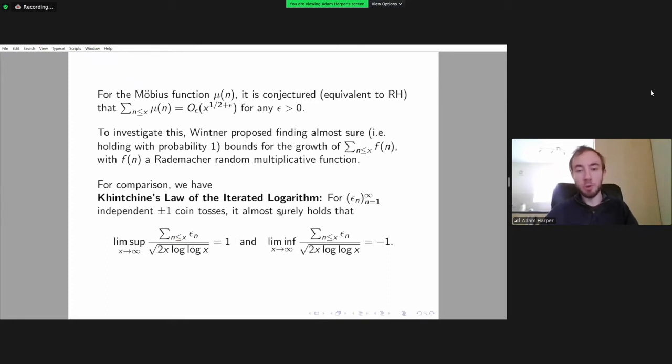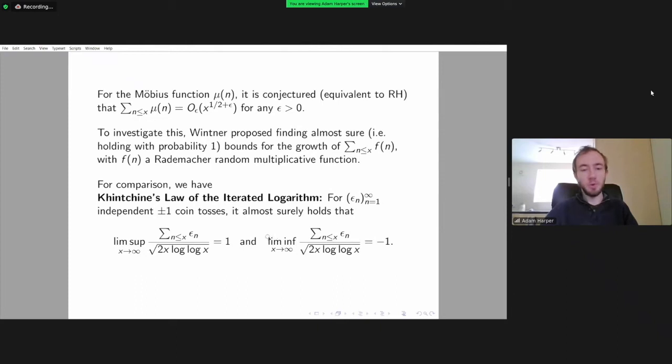And also almost surely, the lim inf of the same thing is minus 1. So with probability 1, the partial sums get as big as square root of 2x log log x along some infinite sequence of x, and get as small as negative square root of 2x log log x along some infinite sequence of x. And they don't get more positive or more negative than that, almost surely.